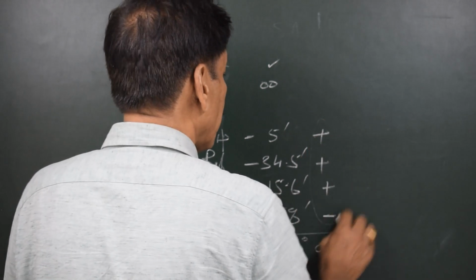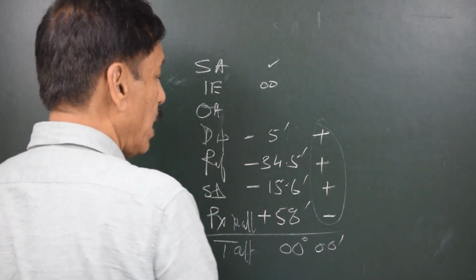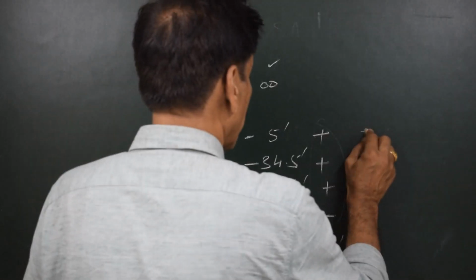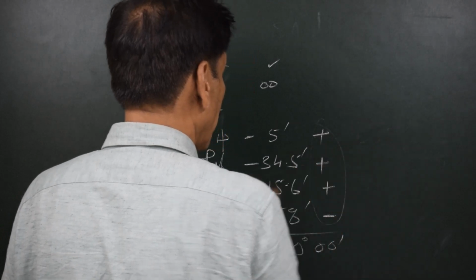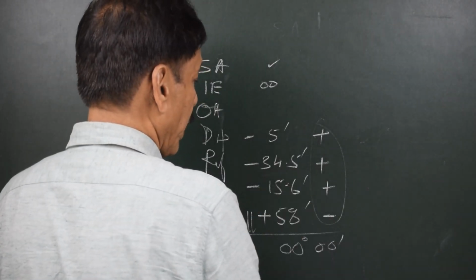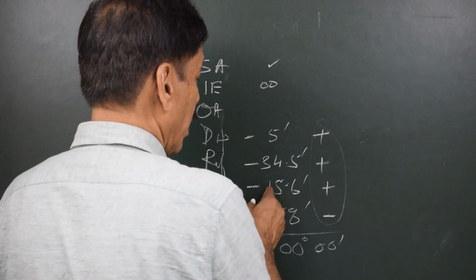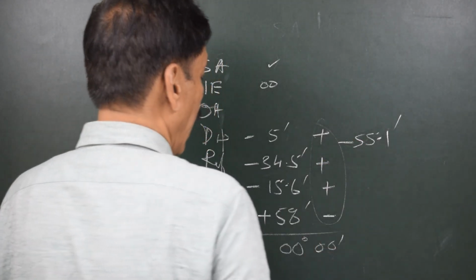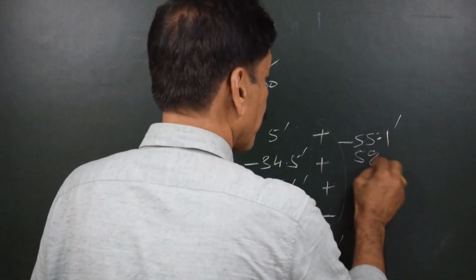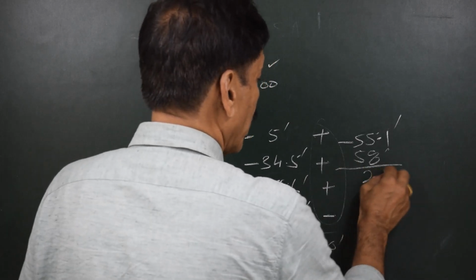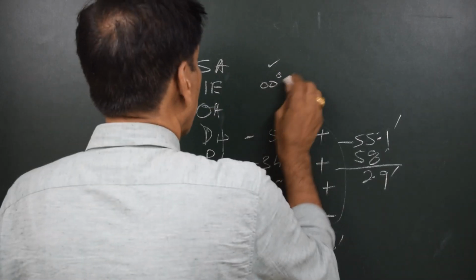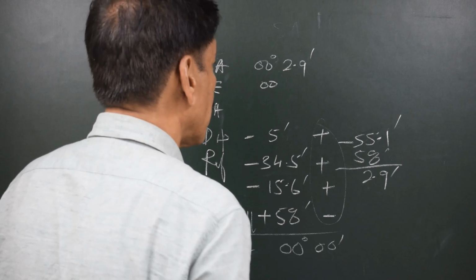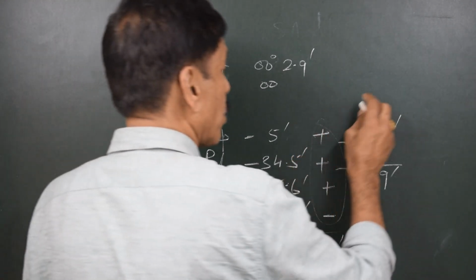So if we look at the corrections that are applied to 0 degrees 00 minutes, we add these up: 39.5 plus 0.6, that is 40.1, and plus 15 is 55.1 minutes, that is negative, and the positive is 58 minutes, which means 2.9 minutes. 0 degrees 2.9 minutes is the sextant altitude of the upper limb.